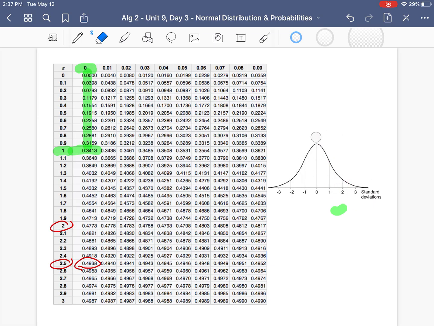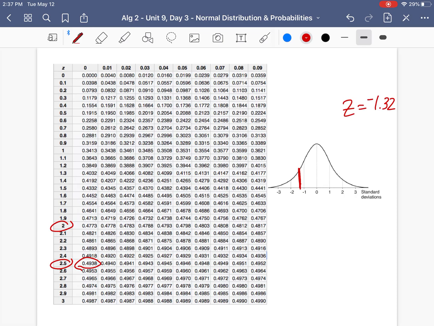All right, so let's think about another one, and we'll be doing some examples that cover this. Let's say a z-score was -1.32. So 1.32 would put me about right there, -1.32. This chart is all symmetrical. 1.32 is the same as -1.32.